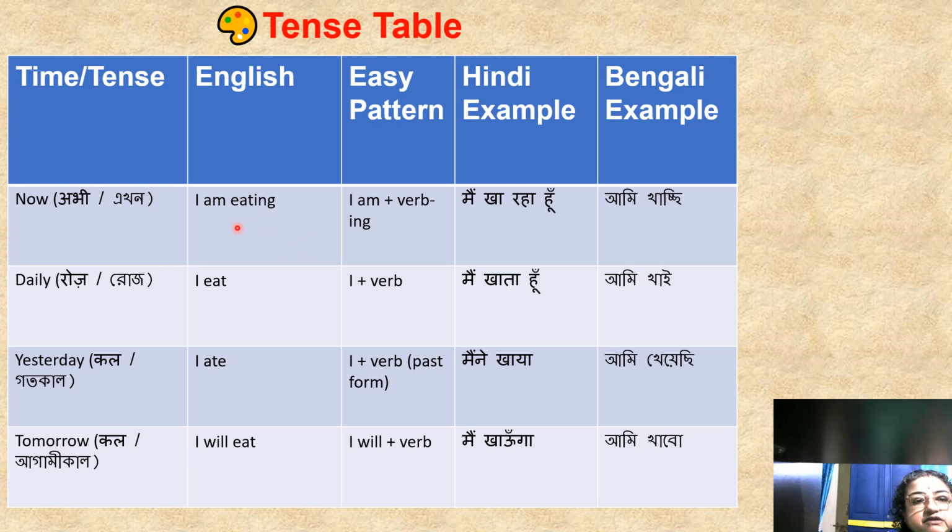That verb you use with some English word you take as verb, and you frame a small sentence. First you frame a sentence in your mother tongue, then you convert it into English. In this way, if you practice, you will be able to learn very easily, and you will be well versed in English speaking and writing.